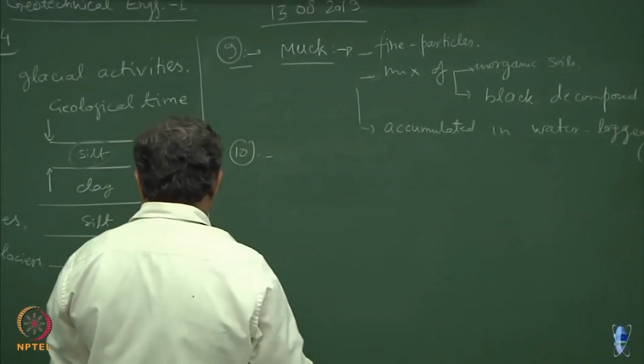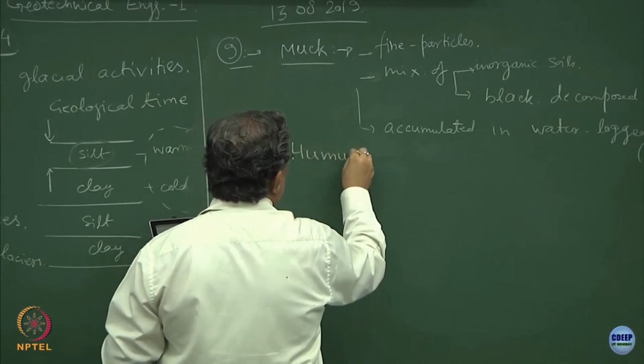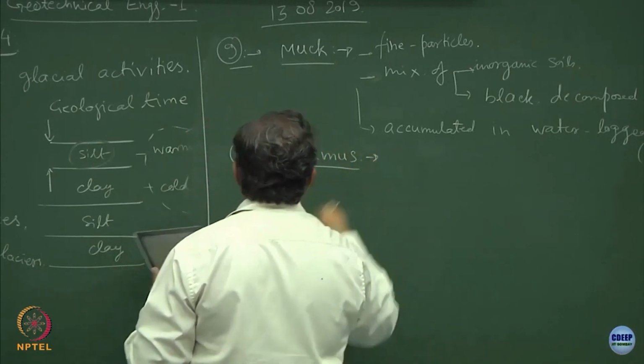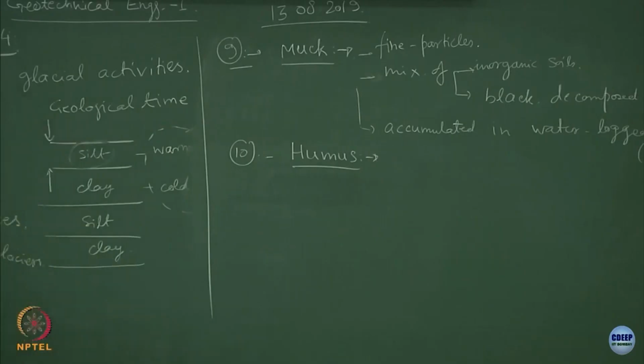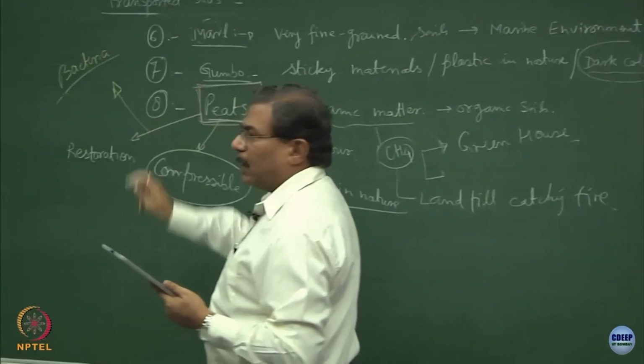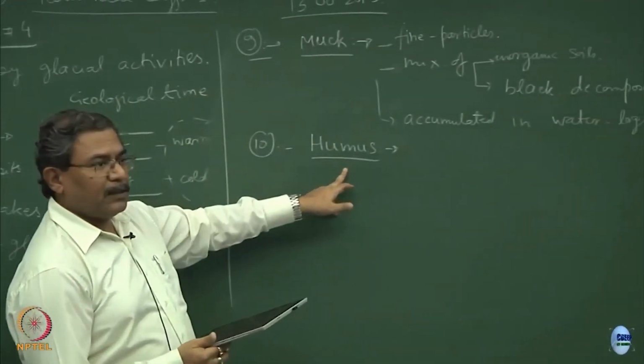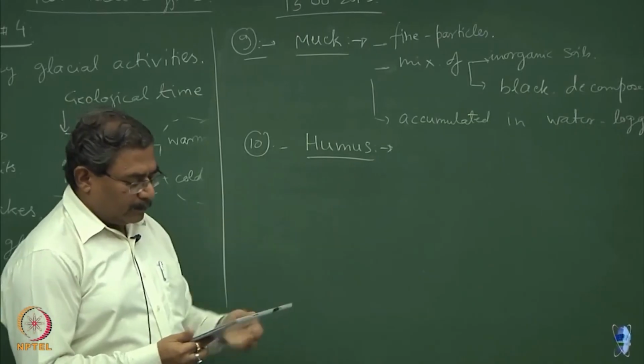There is another category which is known as humus. So, suppose somebody asks you a question, what are the organic soils which you have come across? Peats are number 1, muck is number 2, humus is also an organic material, alright.